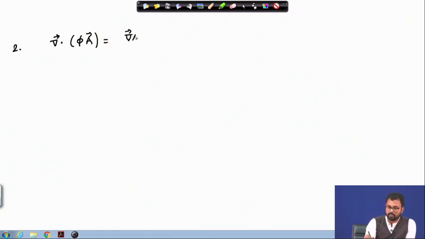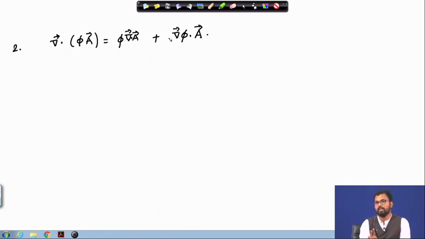Now, second result is let us say we have divergence of phi A, then this one will be divergence of A times phi plus gradient of phi times A. Now, since we had a dot product here, we can write A dot gradient of phi or gradient of phi dot A, that is all fine, but if it were a curl here, then this formula cannot be played with.